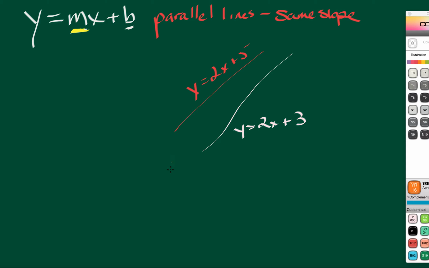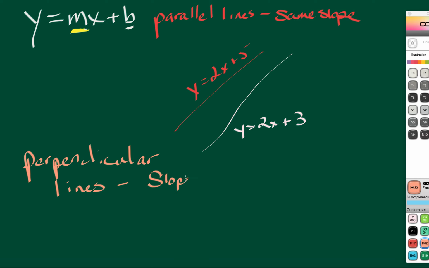Now we're going to talk about perpendicular. Perpendicular lines have slopes that are negative reciprocals of each other.